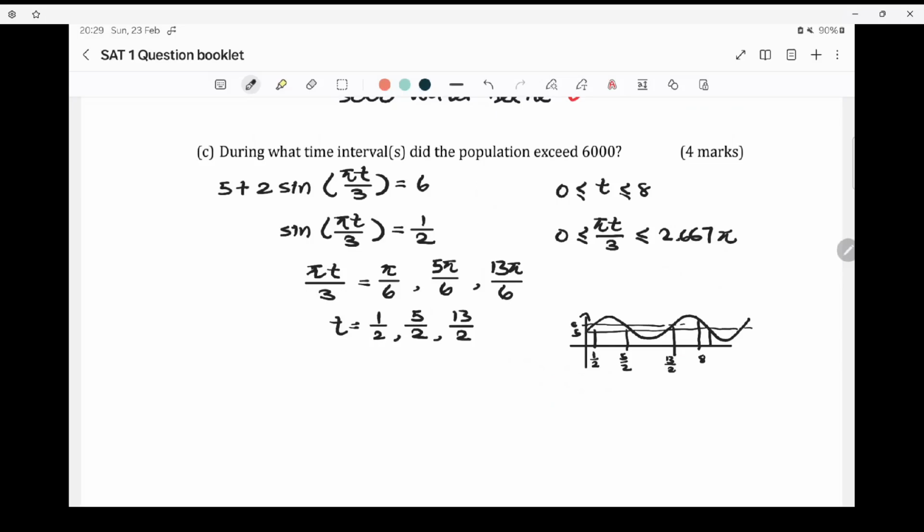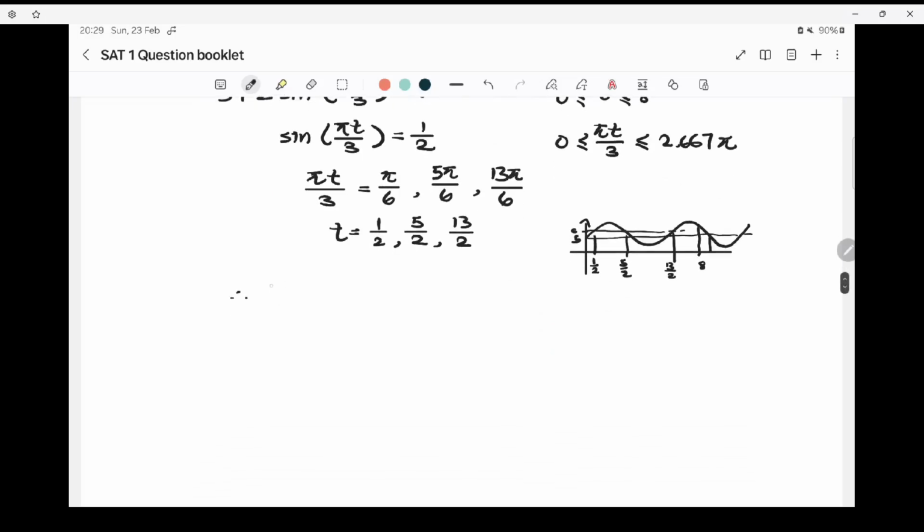So that's why we can conclude that the time interval is between 1/2 to 5/2, and then the second interval will be from 13/2 until 8.